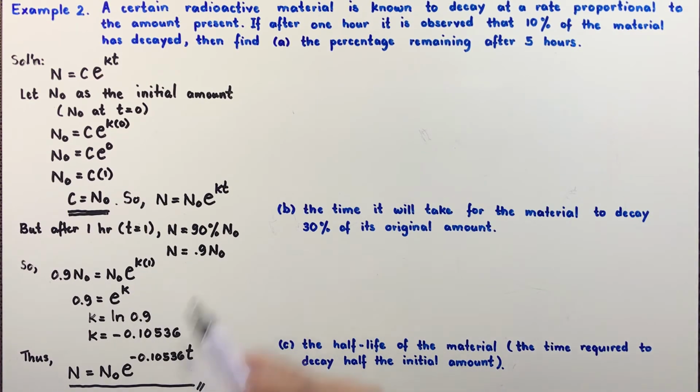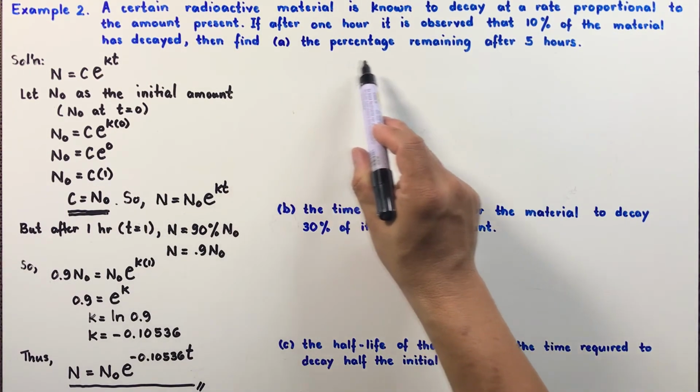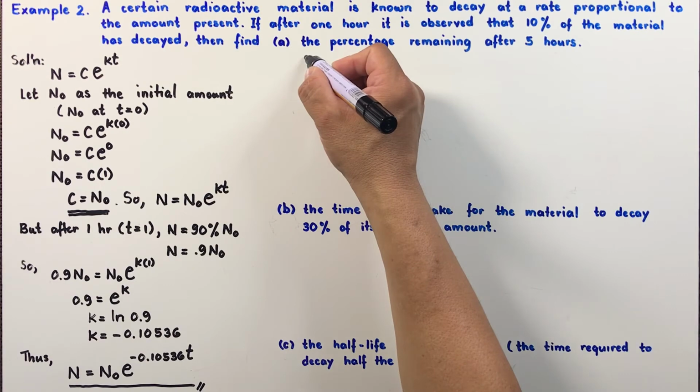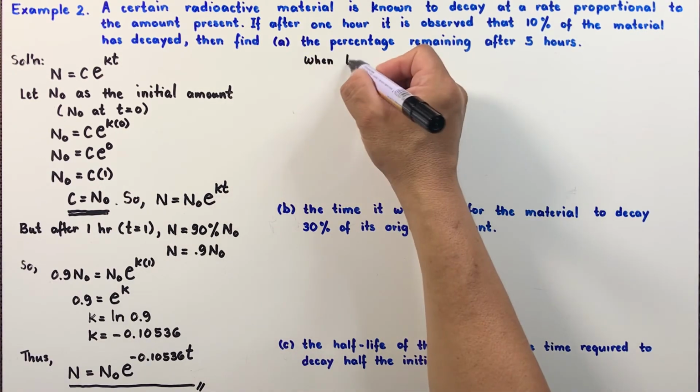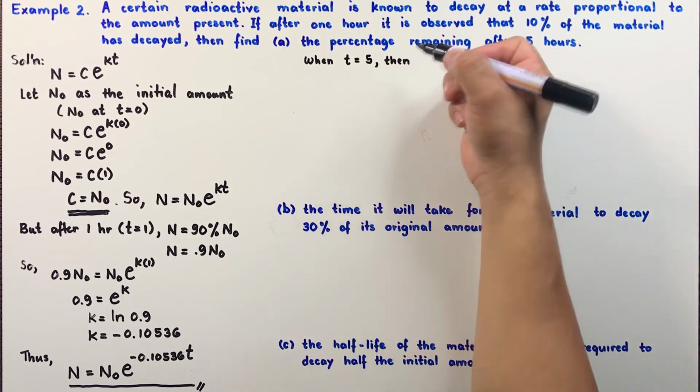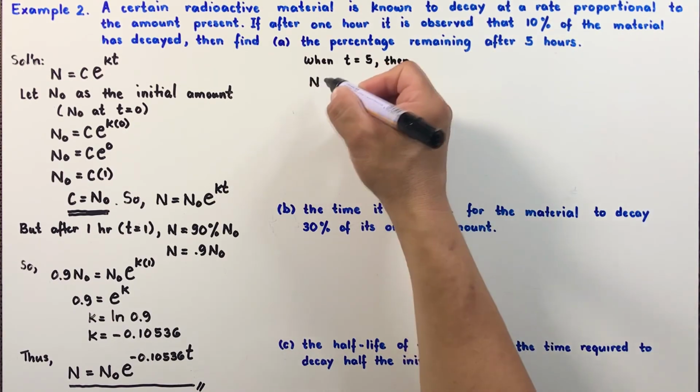Now, answering the first question, find the percentage remaining after 5 hours. So here, our t is 5. So when t is 5, we can substitute our t here.